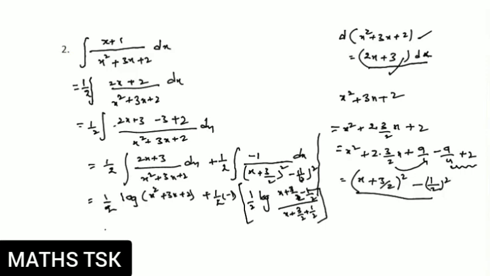Right. At last I can conclude like this: 1 by 2 log of x square plus 3x plus 2, and then minus 1 by 4 into logarithm of 2x plus 3 minus 1 becomes 2, by 2x plus 4, or else you can write it as x plus 1 by x plus 2.